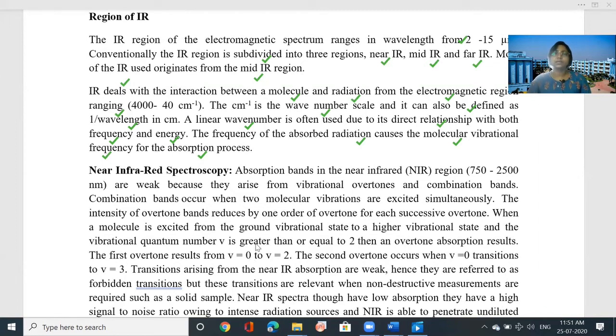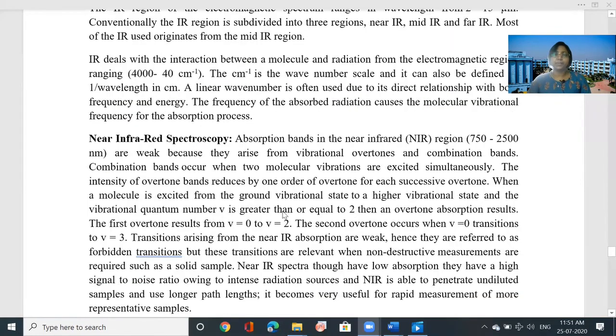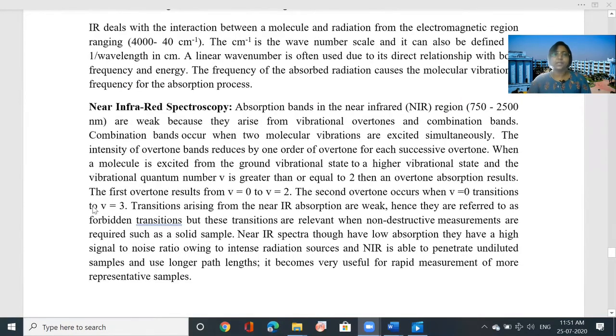And the near infrared spectroscopy. So what is its range? Near infrared, expressed as the NIR region, is 750 to 2500 nanometers. This is very weak. Why weak?